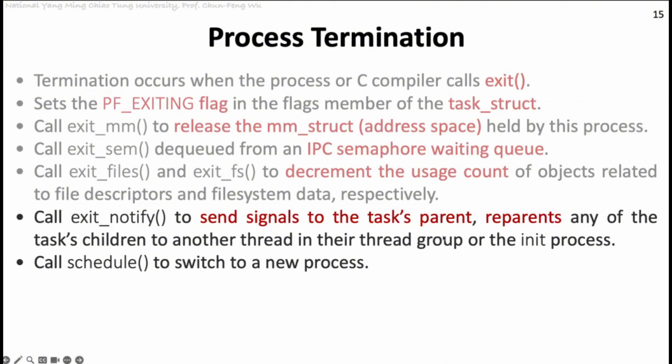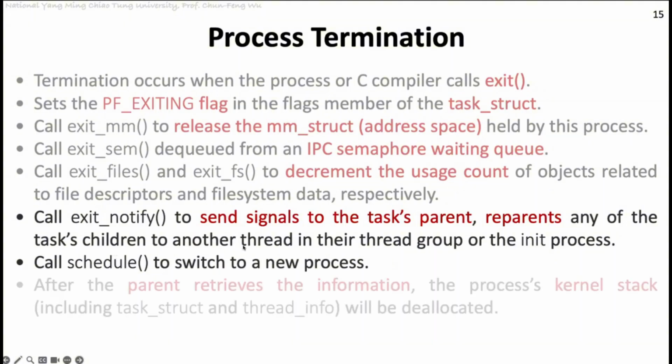If there is no elder process, we will reparent to the initial process. These are just routine things it needs to do. And the last one is to call the scheduler, to switch to a new process because the current process is now terminated. The next step is to schedule and run another process.